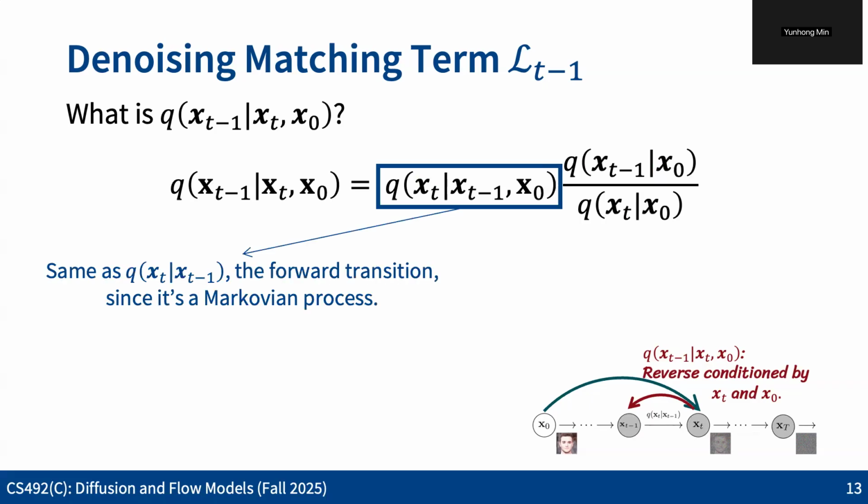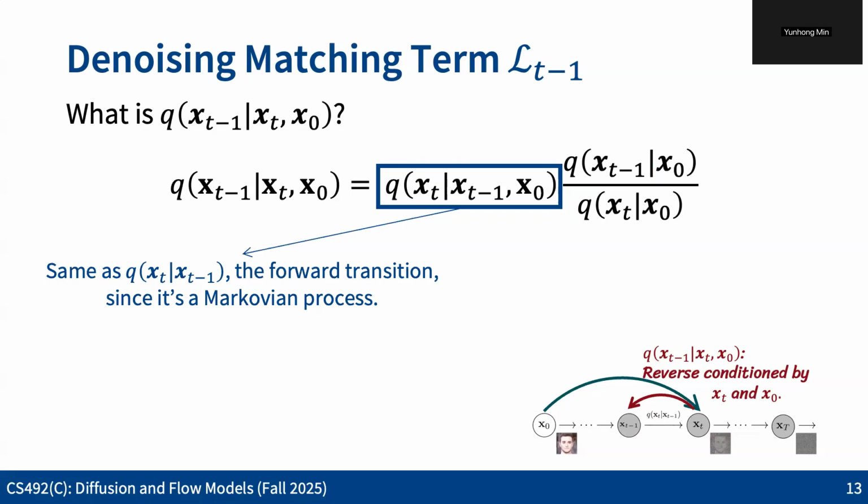As I mentioned in the previous slide, for this distribution we can ignore x0, because we are assuming that the forward and reverse processes are Markovian, which means that sampling xt would not depend on x0. So we can drop the x0. Then this is the forward transition distribution that we have already defined. This is basically what we know.